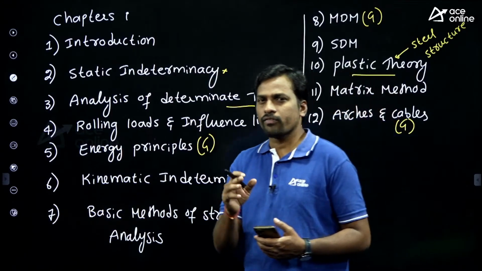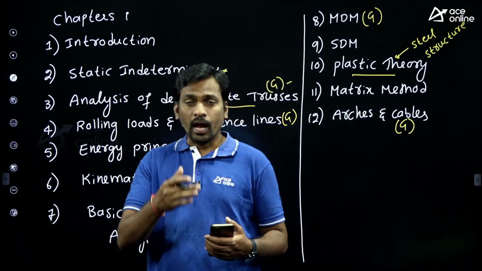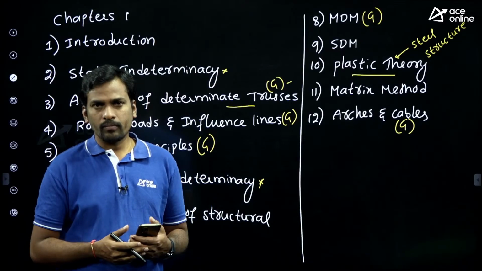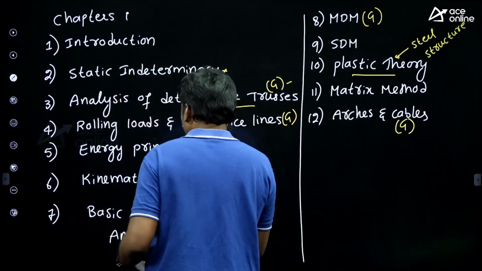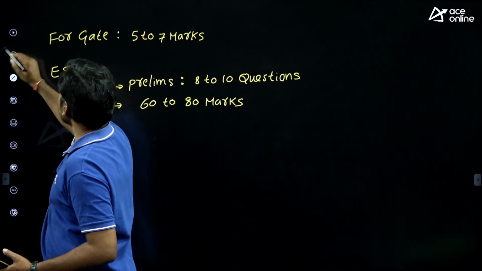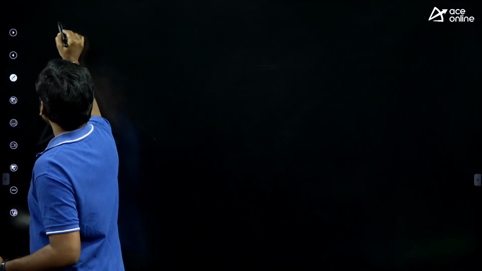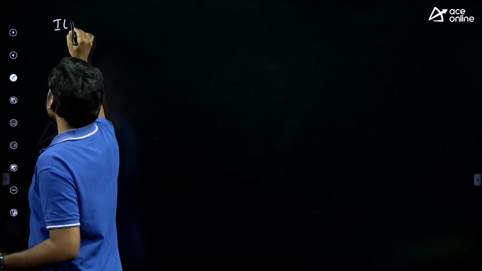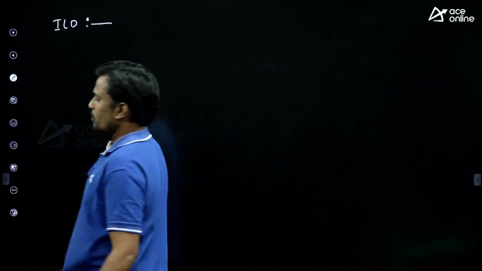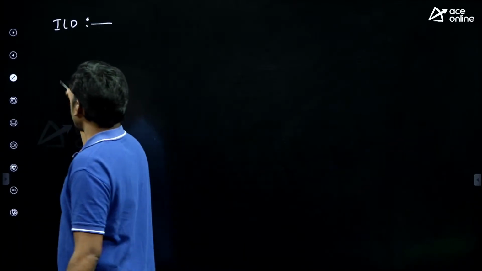How to draw ILD for statically determinate structures, and I gave 4 cases, right? What are the cases I gave?